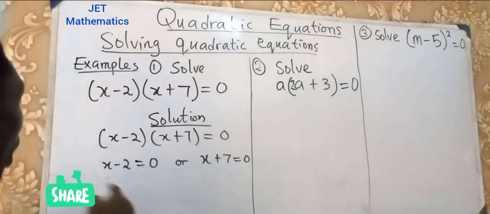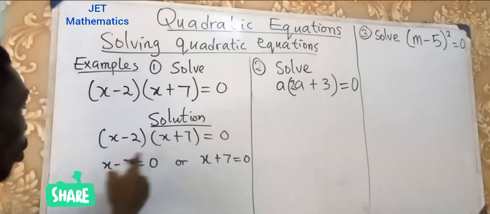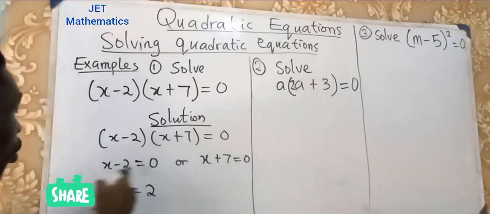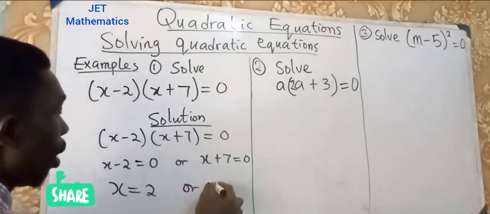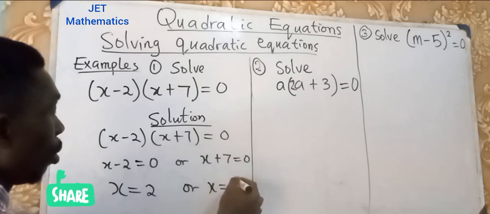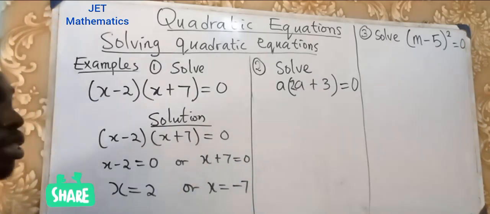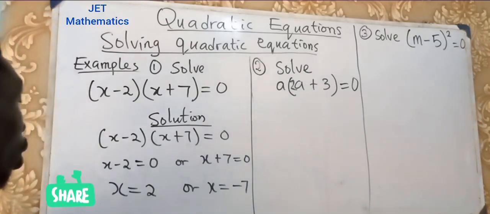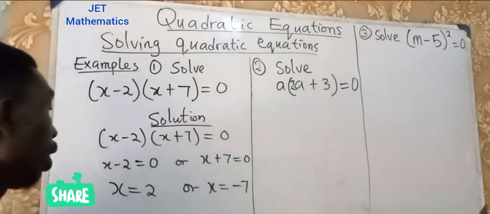So with that, from there you can say s is equal to 2 when you solve this linear equation, or s is equal to minus 7 when you solve this linear equation. So these are the solutions to this quadratic equation.